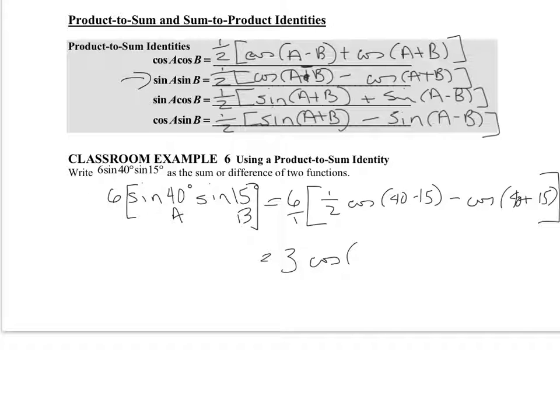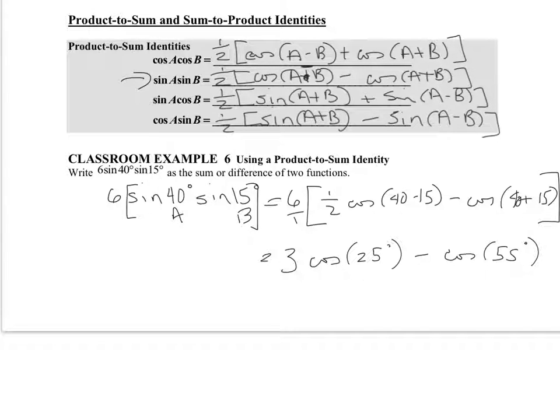Cosine, now what angle am I going to put in the parentheses? 40 minus 15 is 25? Minus the cosine of, what's this going to be? 40 plus 15 is 55. Now, those are not special right triangle angle measures, are they? So, unless somebody had already told me how much the cosine of 25 is or the cosine of 55 is, this hasn't helped me necessarily.